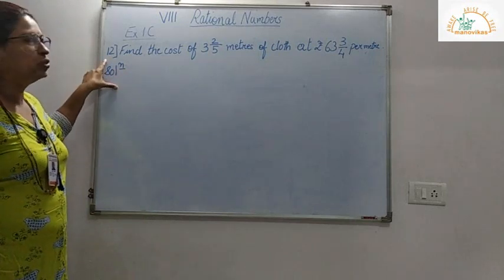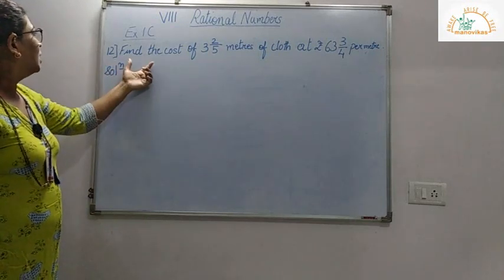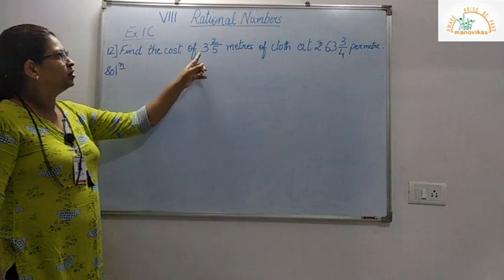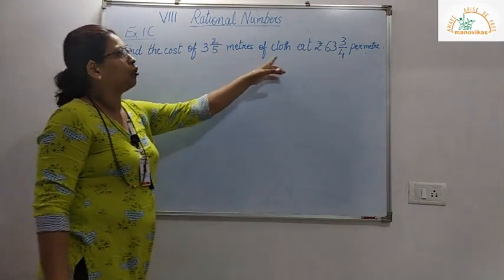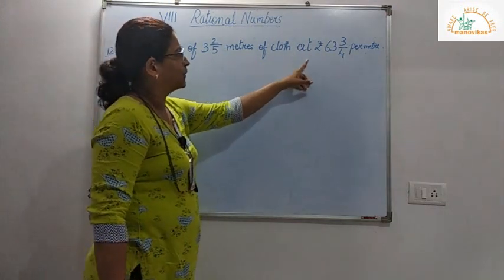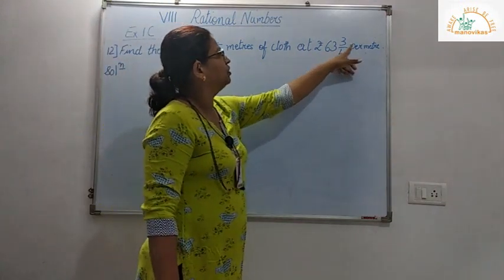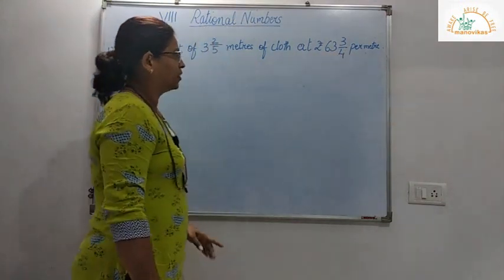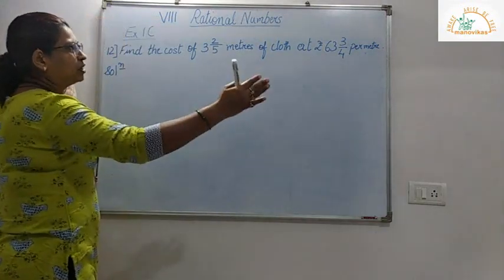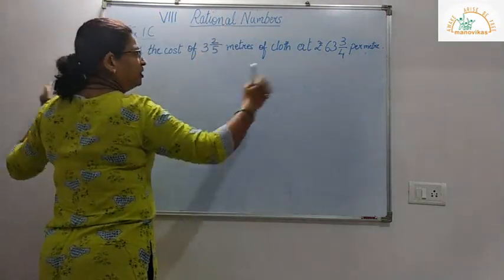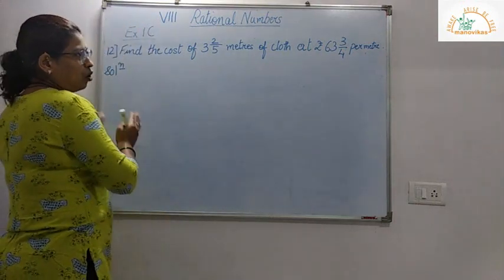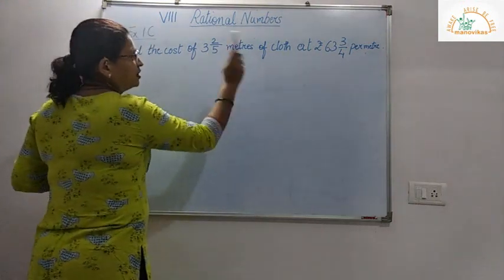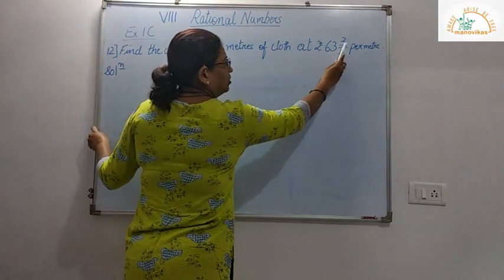We move on to the 12th sum. Find the cost of 3 2/5 meters of cloth at rupees 63.34 per meter. Now they have given us that the cloth is 3 2/5 meter long and the per meter cost is rupees 63.34.